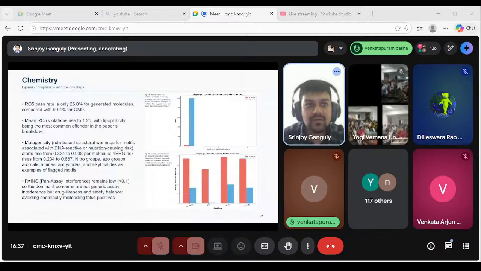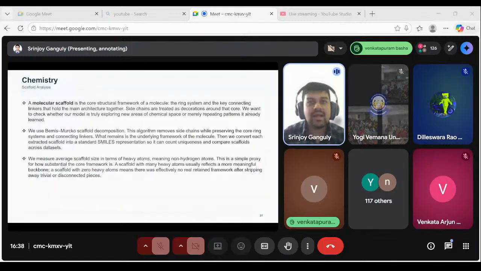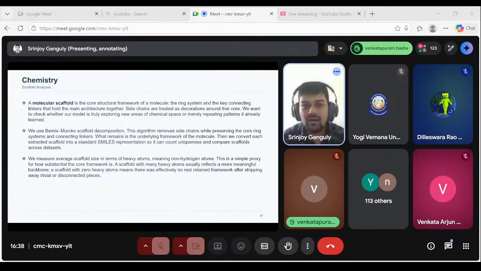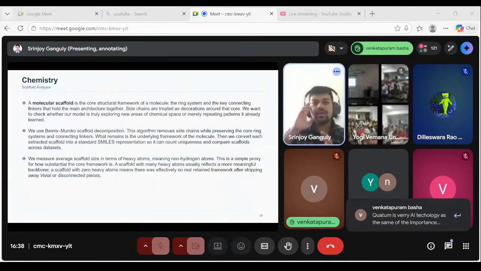And then next, so this was the ADMET analysis. Then next we do a scaffold analysis. So scaffold is just like a scaffold, like you have a core molecular structure, like let's say the ring system, which I showed you, the benzene ring. And there are other molecules which are connected to that ring. They are more like side chains to the main core. So what we do is we create a molecular scaffold.